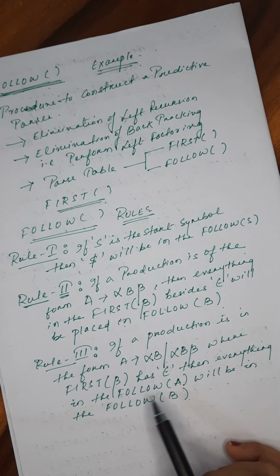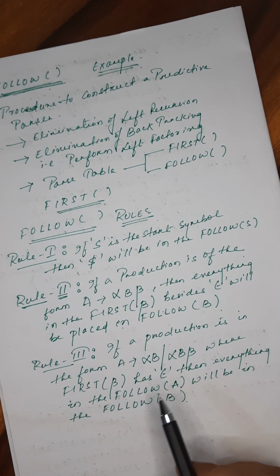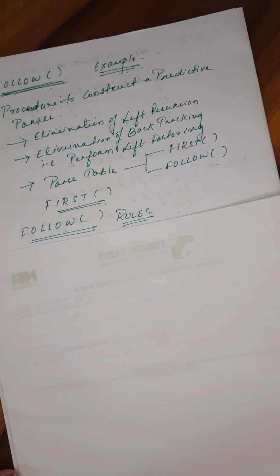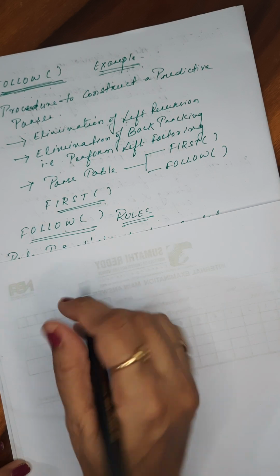Now, what we will do? We will take an example and see how these rules are implemented. We will take the same example that we have taken for calculating first.